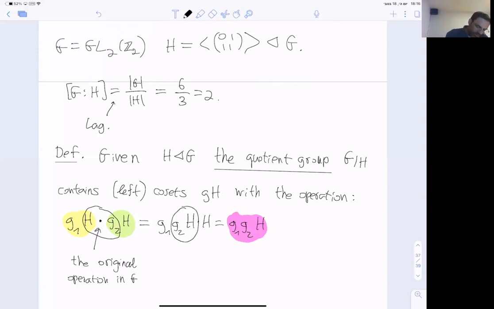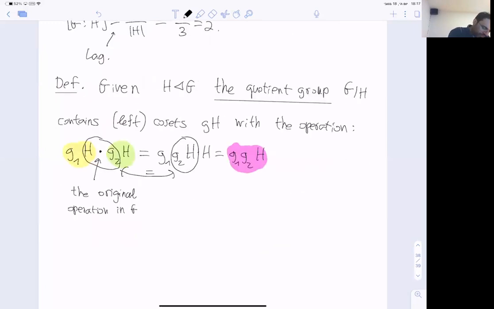These are the same because it's normal. So you actually multiply the two representatives, and this is going to be the representative of the new coset. Okay, this is the quotient group.